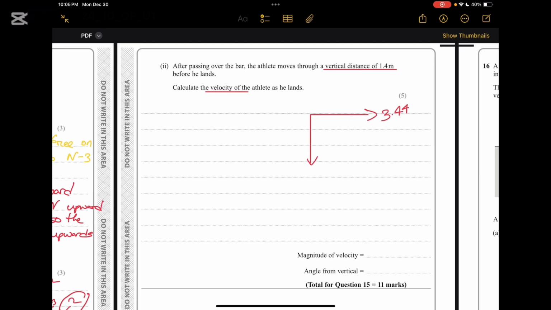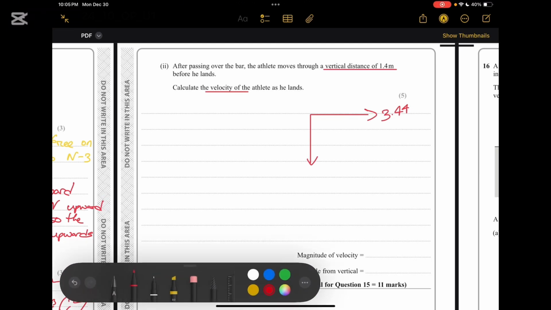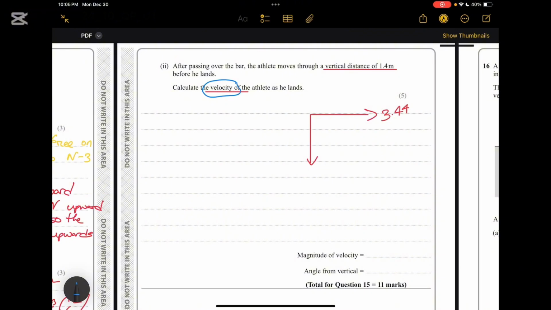The vertical velocity we will have to find, but they didn't ask us to find the vertical velocity, they have asked us to find the velocity. So this is the actual v, this was our vh, and we have to calculate the vertical velocity. To calculate it, we can use the vertical distance. We know that the athlete went up and then came down over the bar.